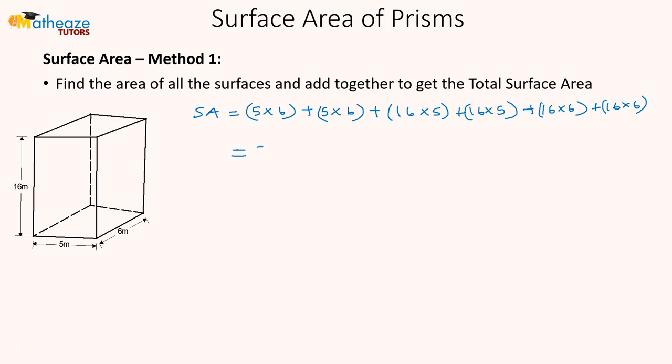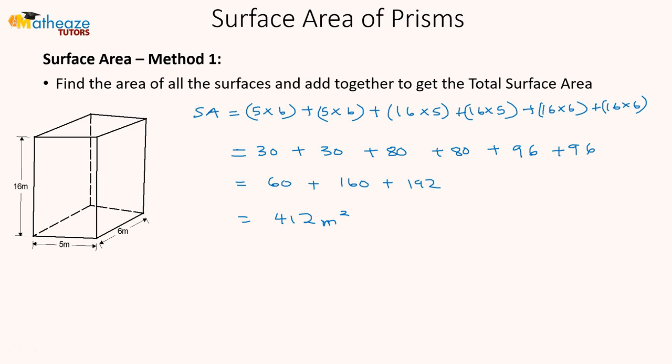So this is going to be 30 plus 30 plus 80 plus 80 plus 96 plus 96. So here we have 60, 80 plus 80 is 160, 96 plus 96 is 192. So this is going to give us 402 square meters.